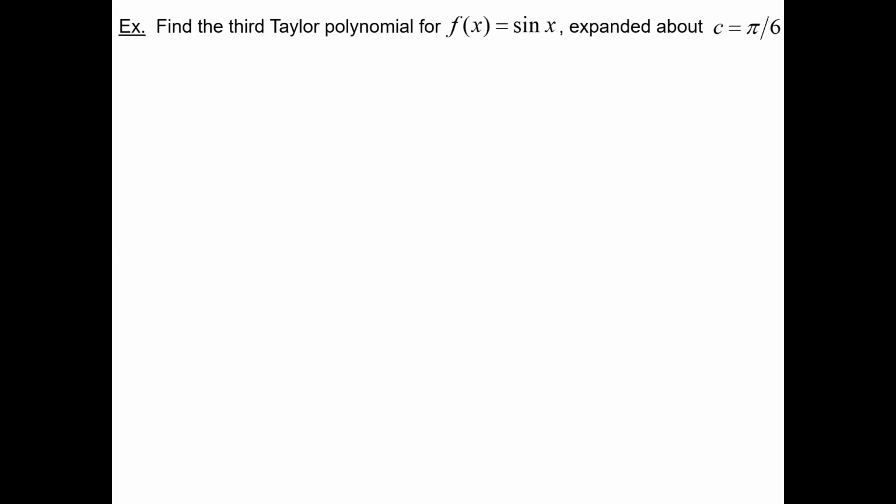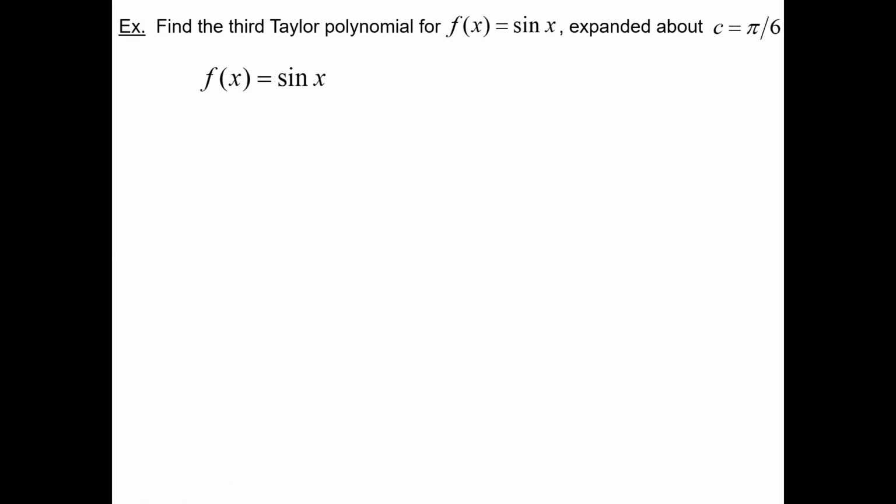Let's try this one. They're asking for the third Taylor polynomial for the function f of x equals sine x, expanded around c equals pi over 6. This one's a little bit different now because we're not centering it at 0. We're centering it at the location pi over 6. So let's start with successive derivatives for the sine function. f of x is sine x.